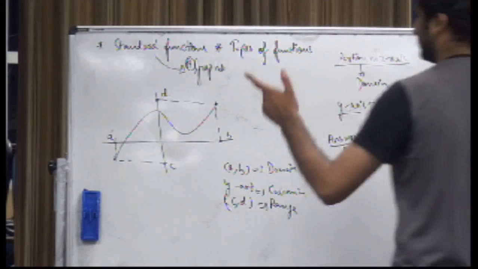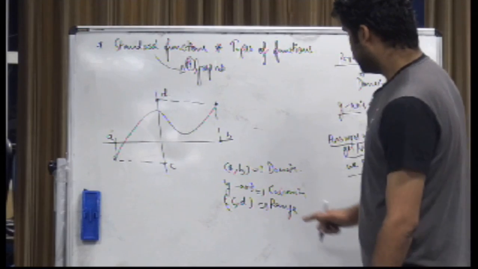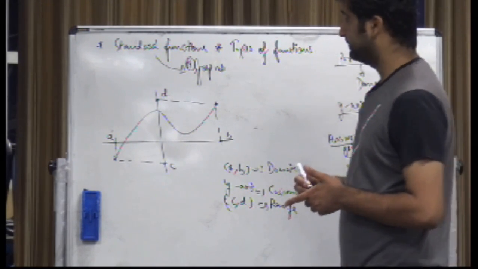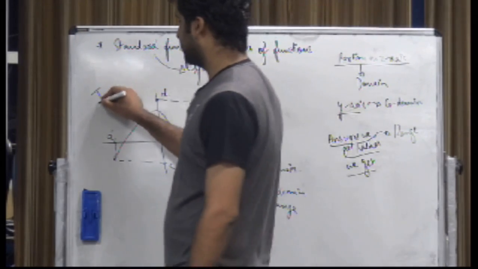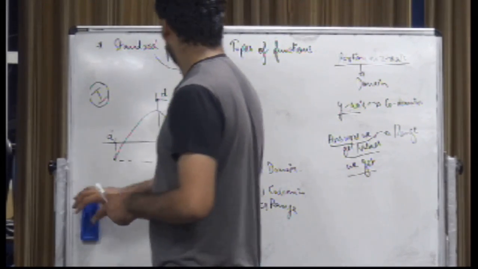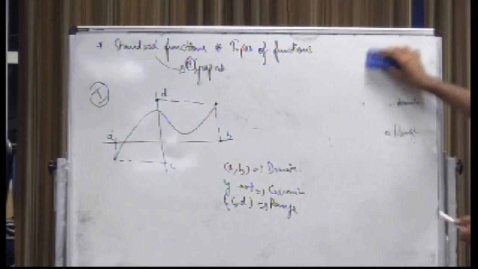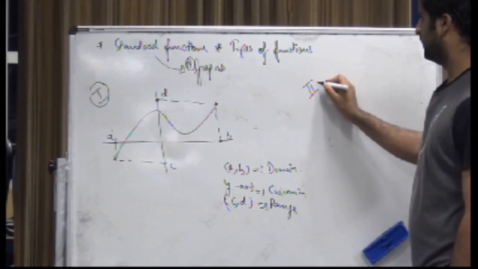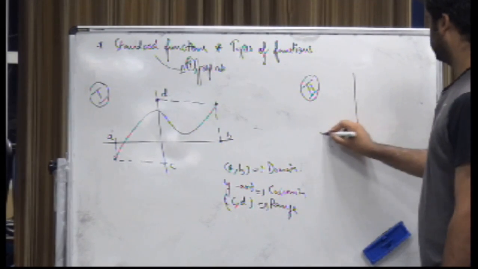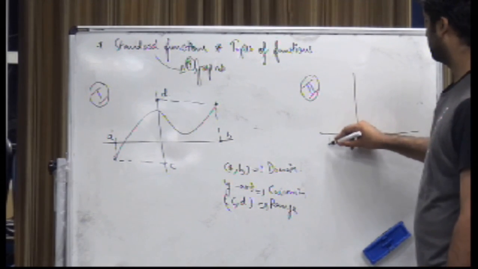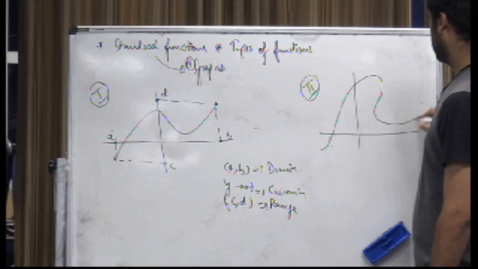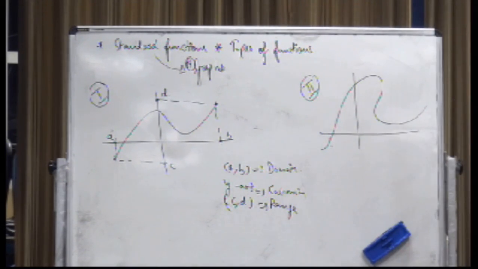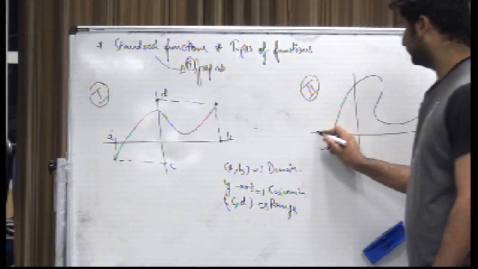Okay, I'll explain the graph of the constant function again. So this is the domain, codomain, and the range, right? So this is the first example of a graph. Let's see one more example. What if you have a graph like this? Can you tell me what is the domain and range of this function?